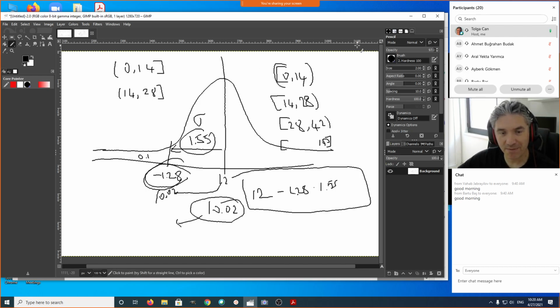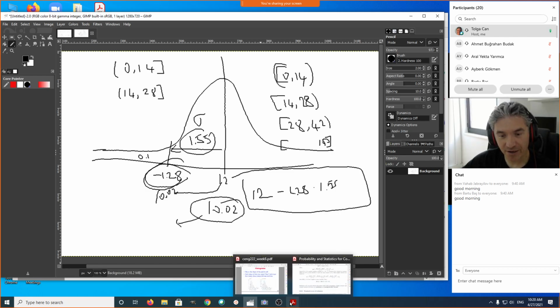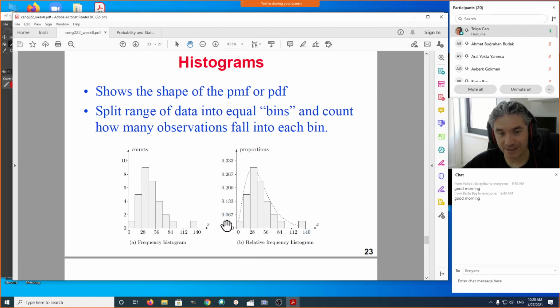You have to decide on something, either this one or that one. One thing that's for sure is that if there's a value, for example, 28 here, you cannot count it in both this bin and this bin. Each data point has to be counted exactly once, so you can put it in either one of those bins.